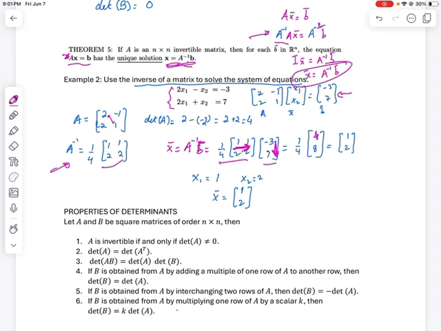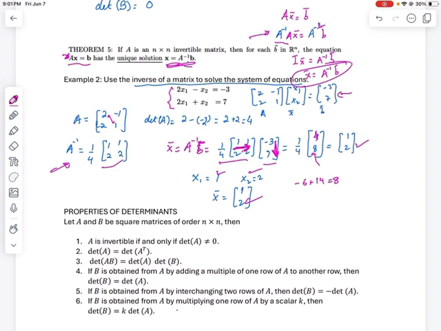So I have a 4 here. And when I multiply the second row and the column matrix, I get -6 plus 14, which is 8. That's what I have here. So now 1/4 times 4, 8. Now we multiply by 1/4, so we end up getting x equal to 1, 2. Here I am writing the values of x1, x2 separately, or you can have the answer in the vector form.